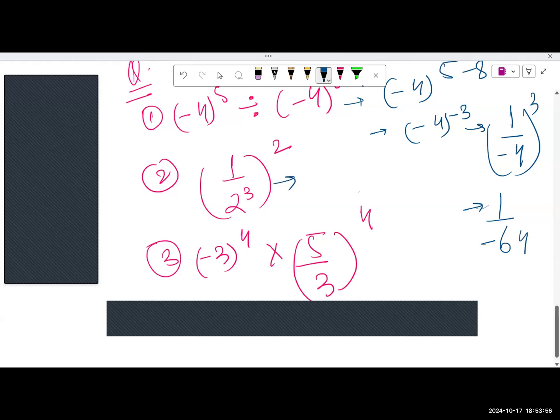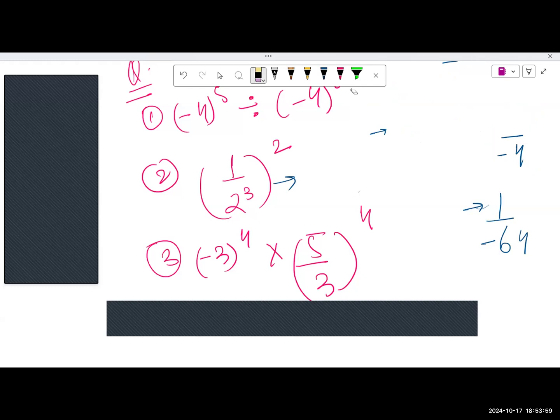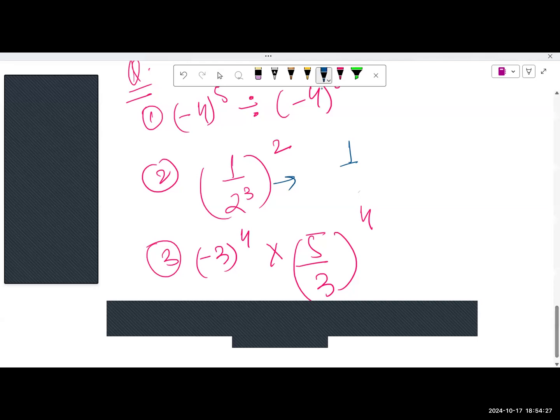What's the second one? Who will tell me the second one? 1 by 2 to the power 3 into 2, right? No, it's 2 to the power 3. Ma'am, 1 raised to 2 by 2 raised to 3 into 2. Ma'am, is it 1 by 2 raised to 6? Yeah, 1 by 2 raised to 6.